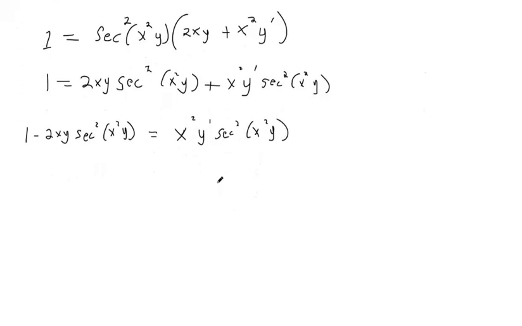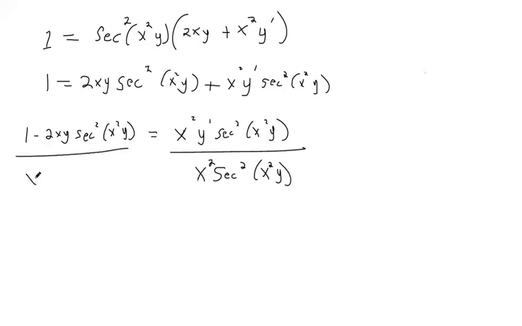And so the last step to get y prime by itself, I need the x squared and the secant squared x squared y to go. So I'm going to divide x squared secant squared x squared y from both sides. Okay, so that makes this cancel out and this cancel out, and we've got y prime by itself.